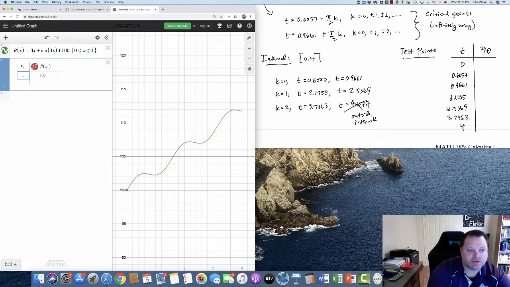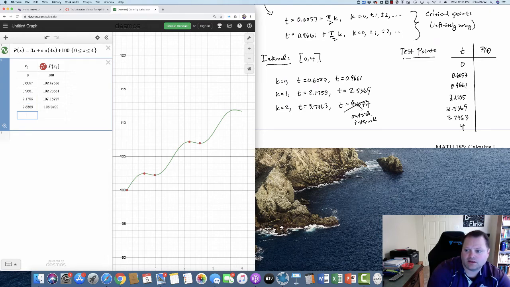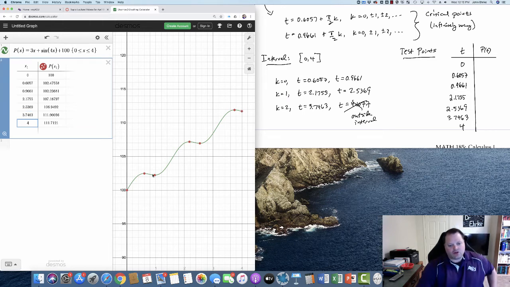The first point is 0. The second one is 0.6057. And then 0.9661, 2.1755, 2.5369, 3.7463, and 4.